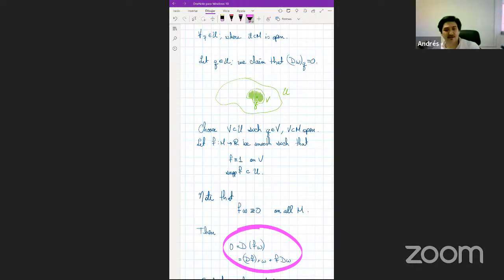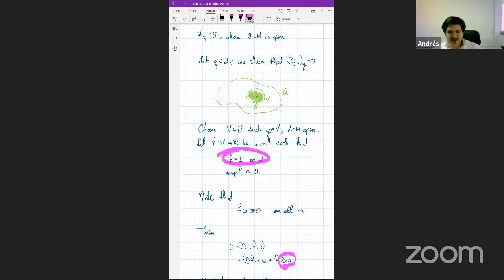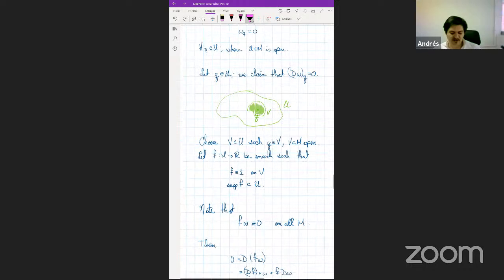Now, let's see what we can say when we evaluate at Q, our point in V. So this would be this evaluated at Q. f of Q is equal to what? One. Exactly. And now omega at Q is 0, right?